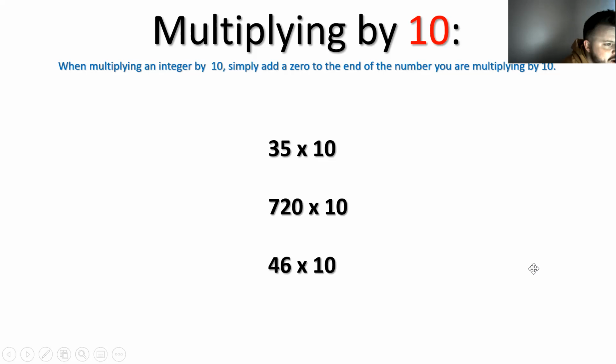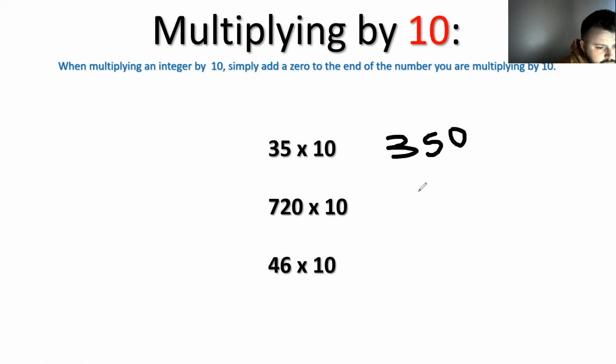So like I said, when multiplying a whole number by 10, all we need to do is add a 0 on the end. Very straightforward. So we know that 35 multiplied by 10 would be just to stick a 0 on the end of 35. So the answer would be 350. 720 multiplied by 10.